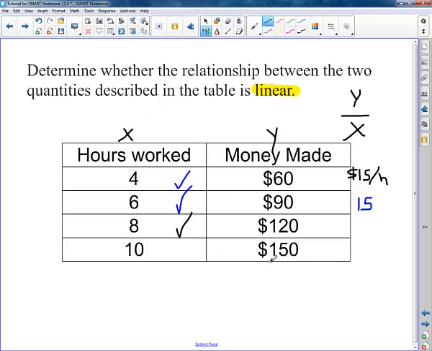Okay, so that works. And hopefully 150 divided by 10 equals 15 as well. That also works. So, is the relationship between the two quantities described in the table linear? It is. So it is a yes.